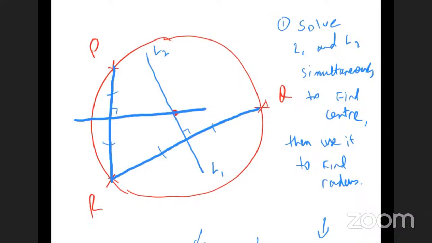Just make another note: L1 and L2 are perpendicular bisectors. Once you have the center, what can you do after that? Well, find the radius and then find the equation of the circle. After you have the center, you can use that to find the length of the radius and then the equation of the circle. All right.